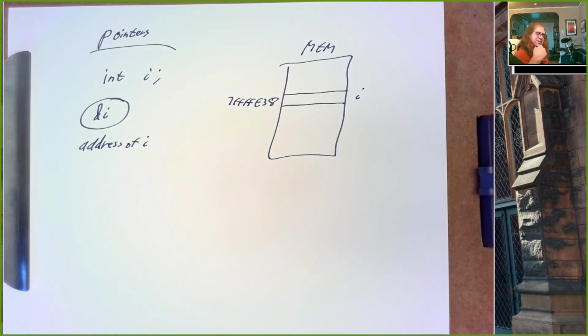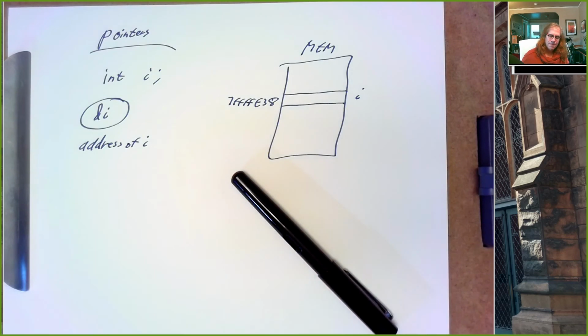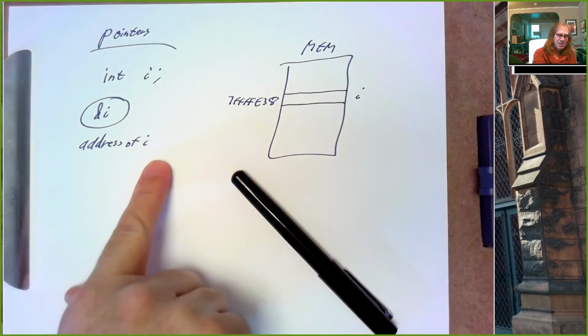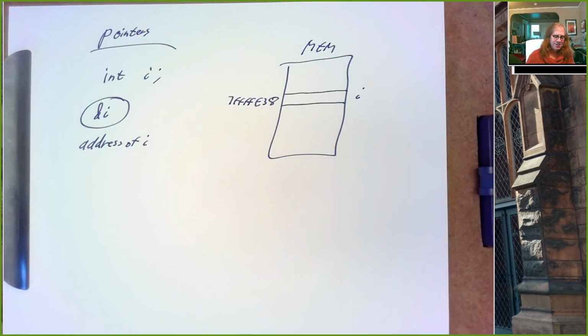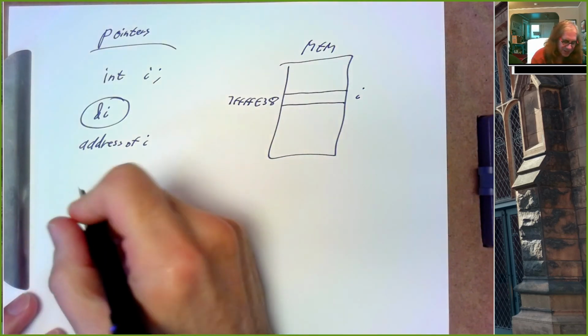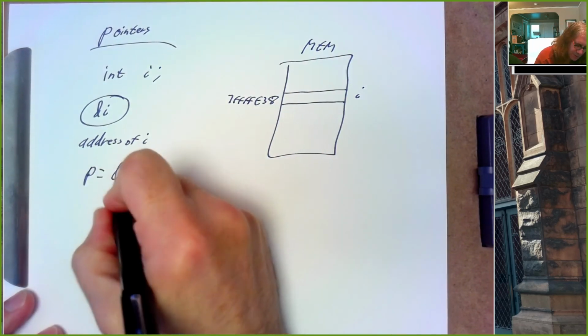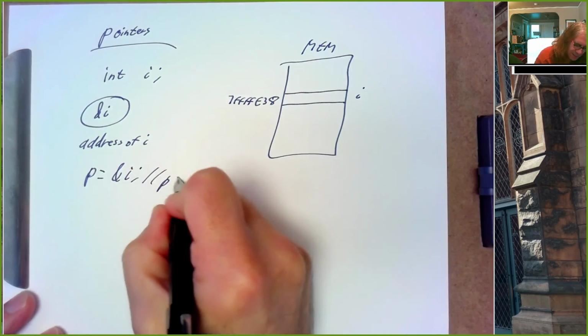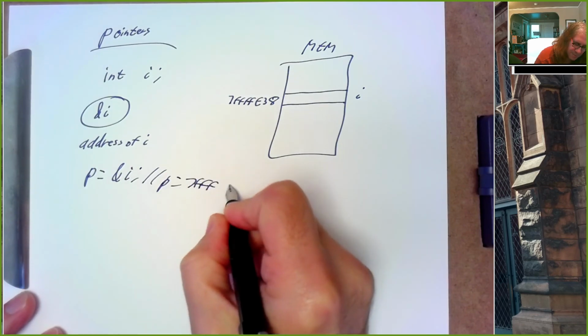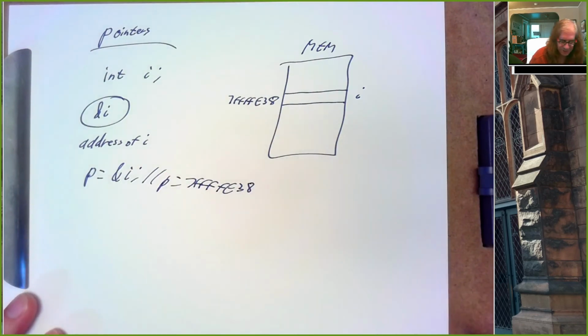And it's normally not something we care about, right? We don't usually care where this variable is stored. But if we do, we can use an ampersand in front of a variable name to see what's at that address. So if I say something like P equals address of I, that'll set P equal to something that looks like a big integer, but it's actually a location in memory.